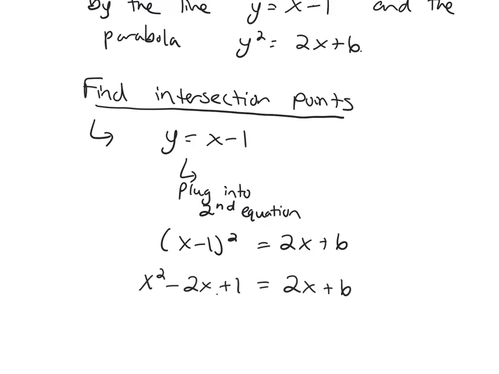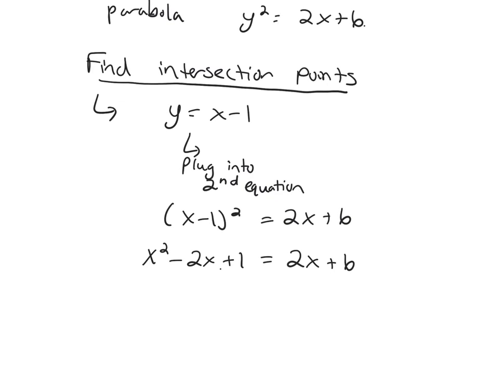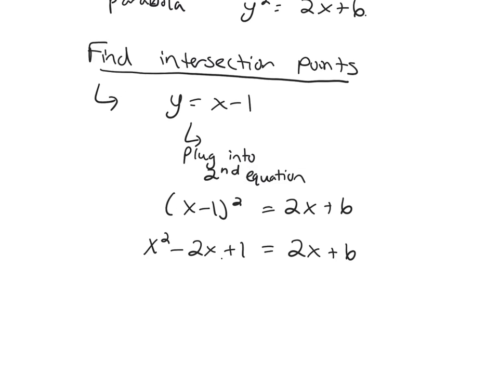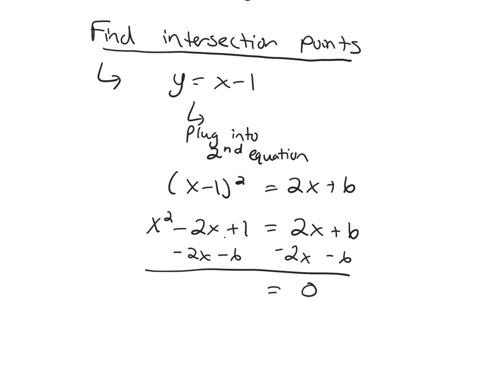It doesn't look as nice, but it is nicer. I can then move everything to one side, the side with x squared on it: x squared minus 4x minus 5.